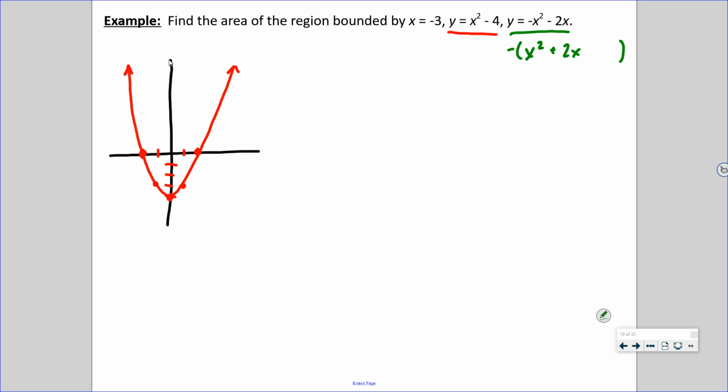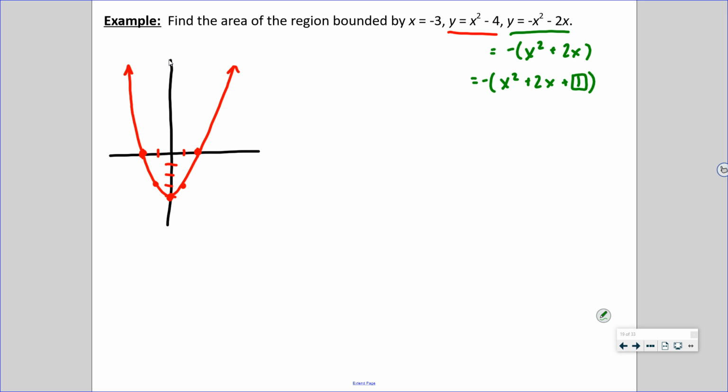You take half of this middle term, so half of 2 is 1, squared is 1. So we'd add in a 1, and then we would counter it.